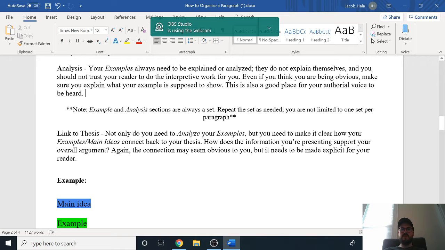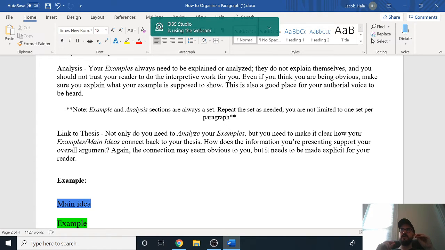And this kind of goes along with some of the things that I've already said. It helps if after you have made your point and you've provided examples and explained yourself, it helps to end a paragraph by making it very, very clear how everything that you just said relates back to your thesis.